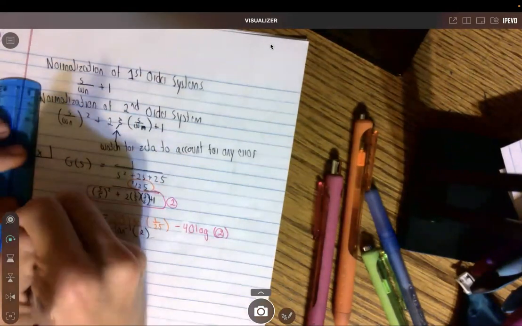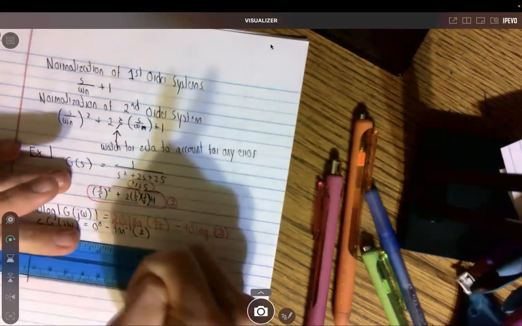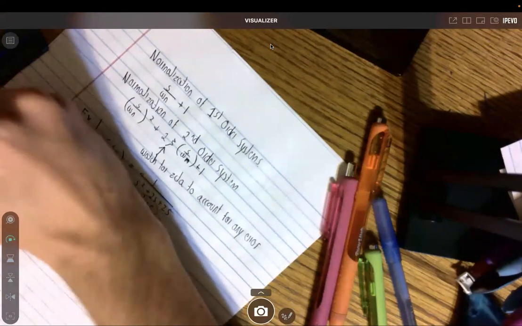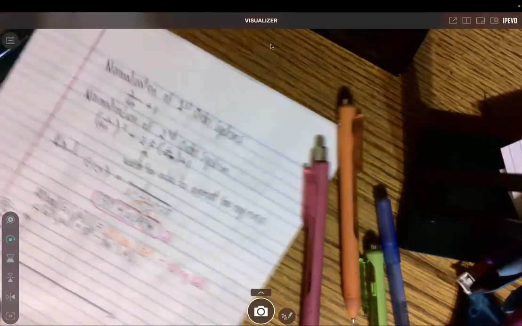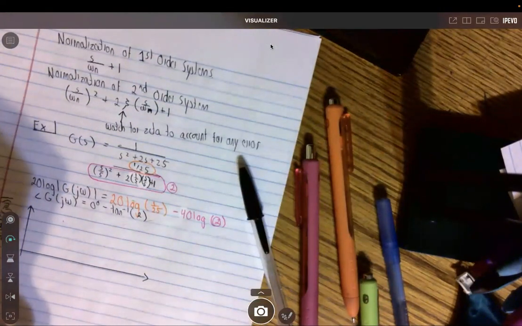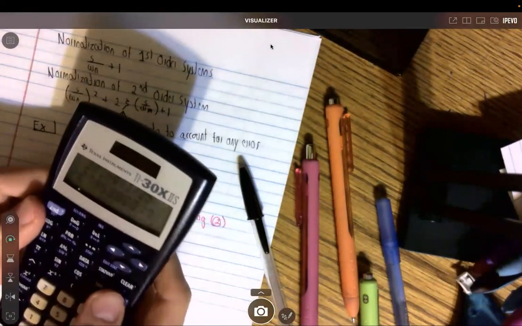And so for our magnitude plot here, we're going to see for the 20 log of GJ omega, you're going to notice that this one is going to start out at 20 log of 1 over 25, which is 20 log of 1 divided by 25. You're going to get negative 28 about.